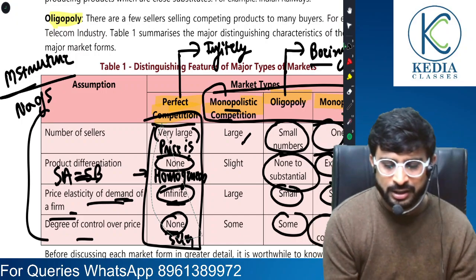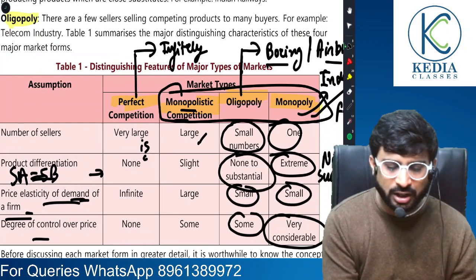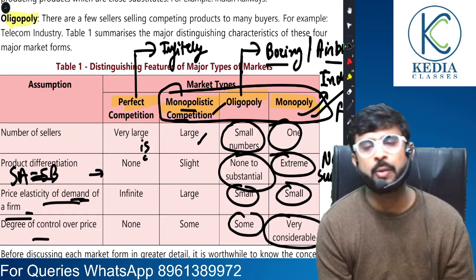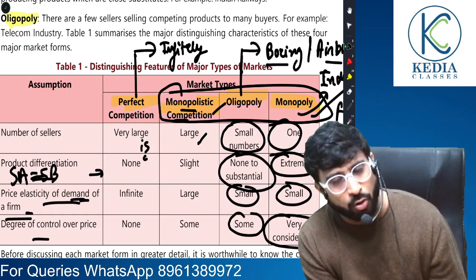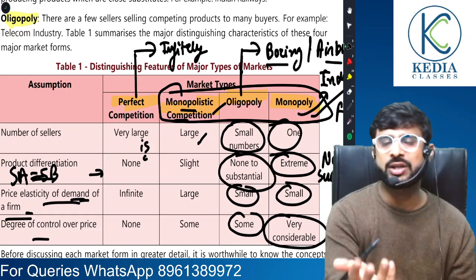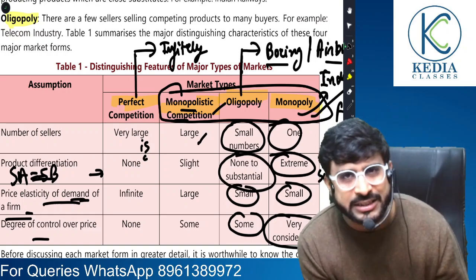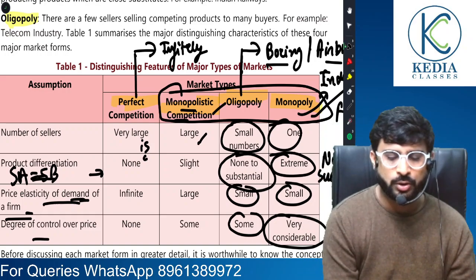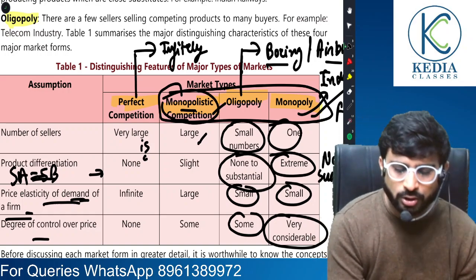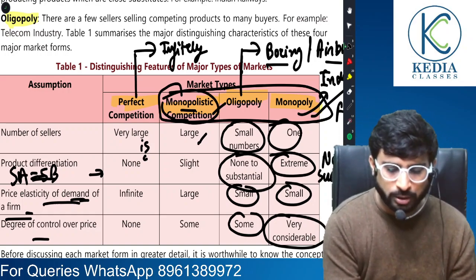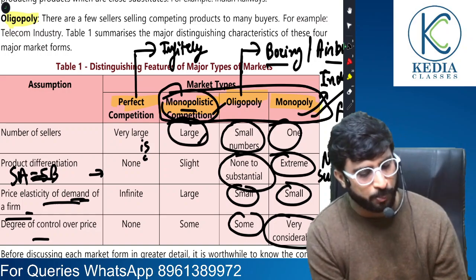Sir, once again, can you revise monopolistic competition with us? Definitely. Monopolistic competition example is FMCG, fast moving consumer goods. Okay, you can say soap, detergents. Apart from that, shoes. There are many sellers of shoes. So number of sellers is large in monopolistic competition.